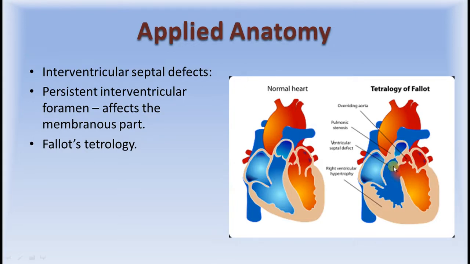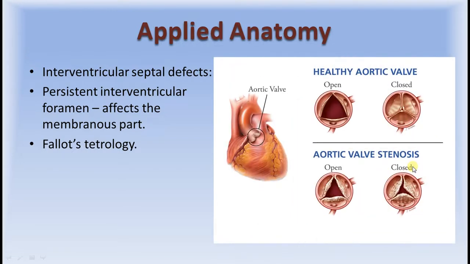Pulmonary stenosis. So the opening is stenosed or completely obstructed. You are able to see pulmonary stenosis, and overriding of the aorta. So what you see here is the overriding of the aorta. So these are the 4 features of Fallot's tetralogy.